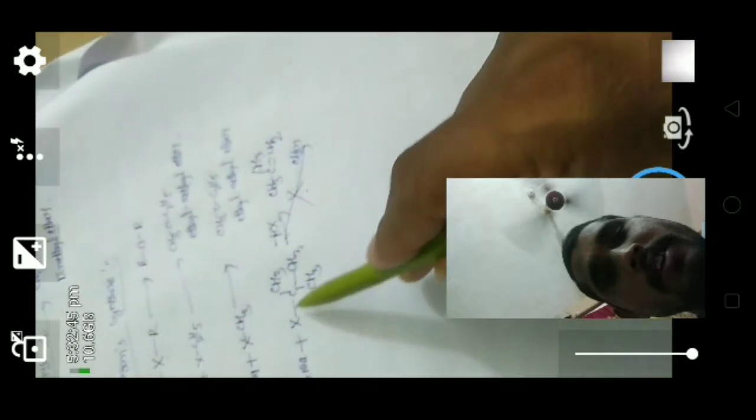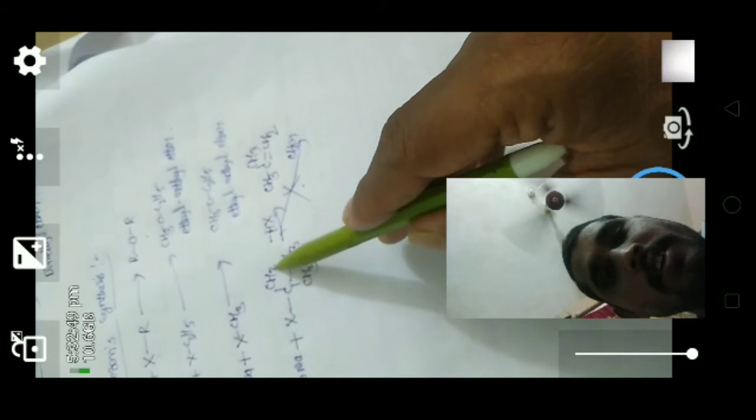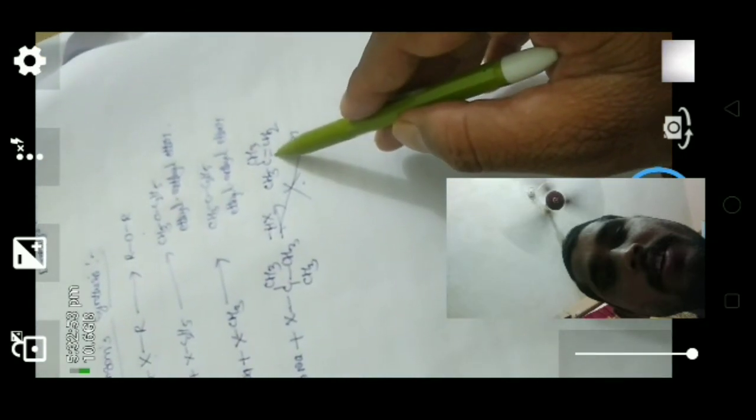It doesn't give ether, and isobutene doesn't react with sodium methoxide.